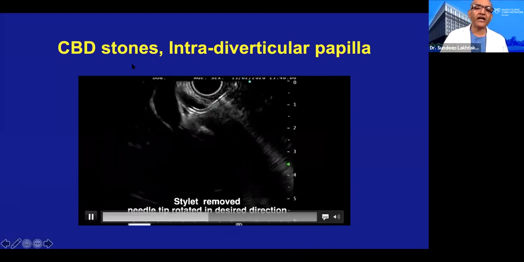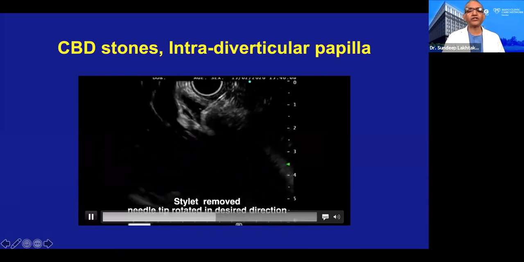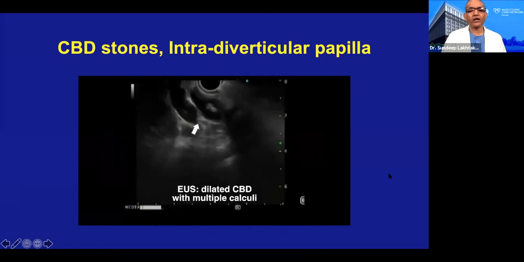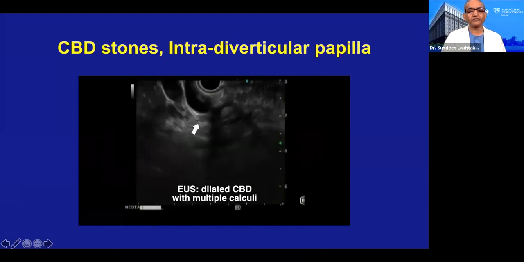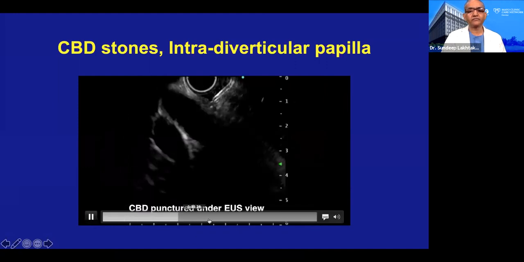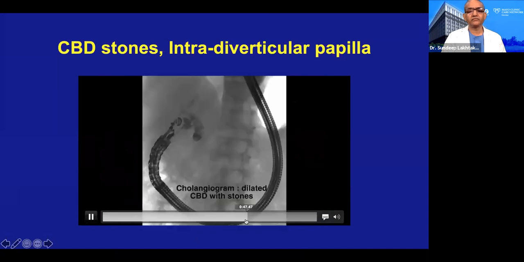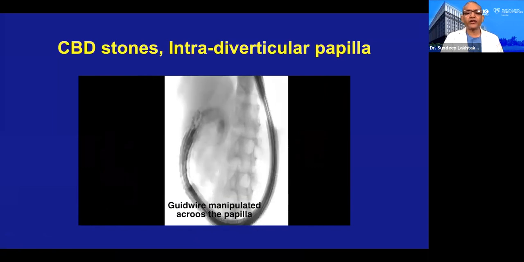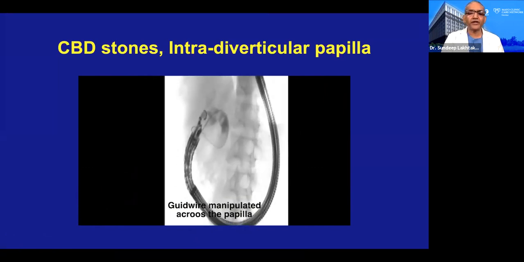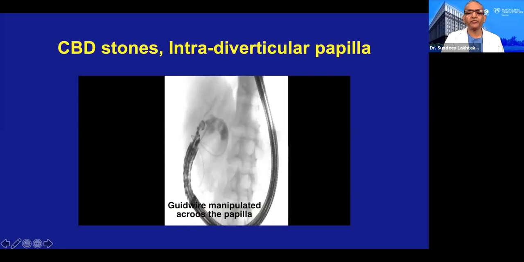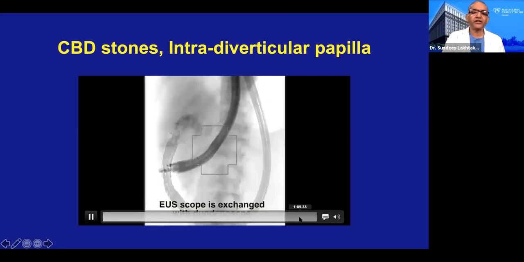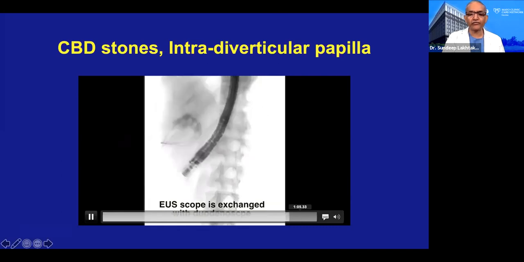You can go towards the hilum if you want, or you can take it in the direction of the papilla. Then we got the contrast, and the guide wire could be manipulated across the papilla, and then we completed with a regular ERCP way after withdrawing the EUS scope and exchanging it with an ERCP scope, leaving the guide wire first in.